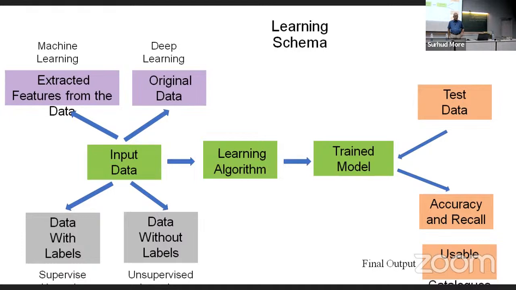Meaning that if I'm trying to classify faces using machine learning, I'll divide that into a small number of pixels and give that. Or if I want to distinguish between people who are young and people who are old, then the weight of the person, the height of the person, and things like that will become input data.